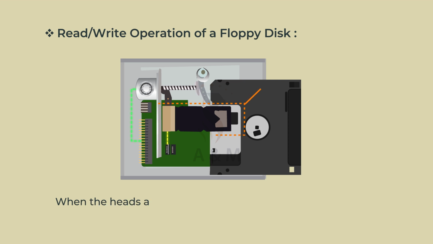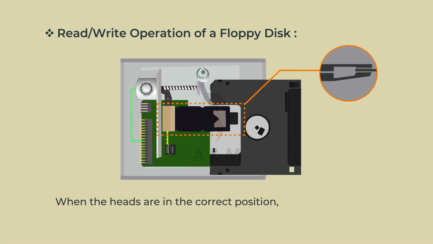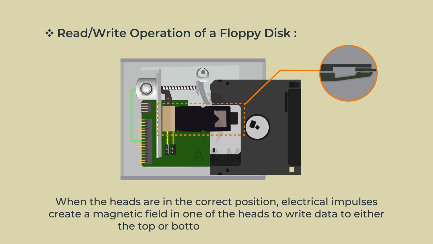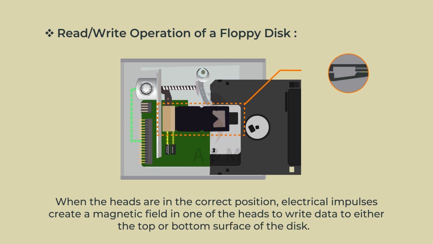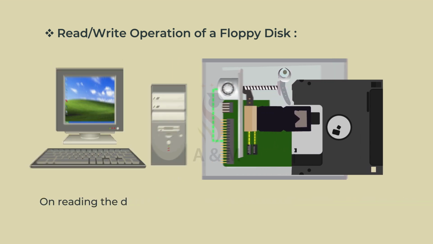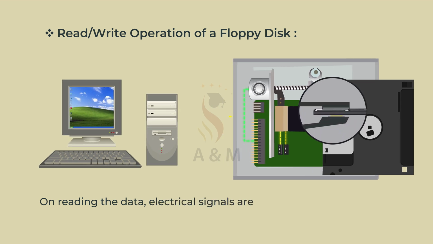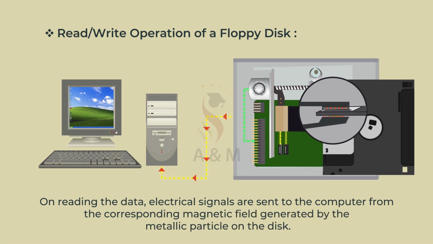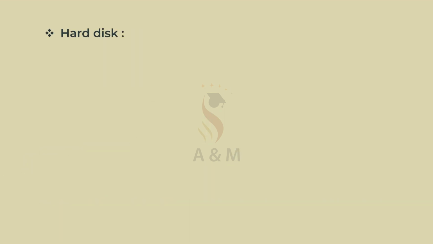When the heads are in a correct position, electrical impulses create a magnetic field in one of the heads to write data to either the top or bottom surface of the disk. On reading the data, electrical signals are sent to the computer from the corresponding magnetic field generated by the metallic particles on the disk. Second type of magnetic disk is hard disk.